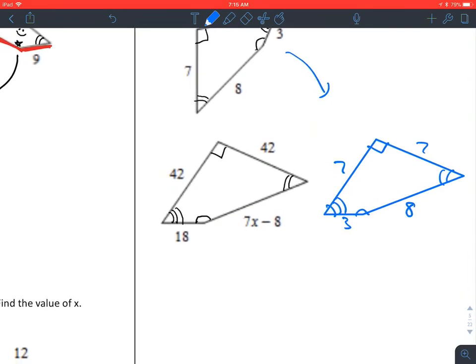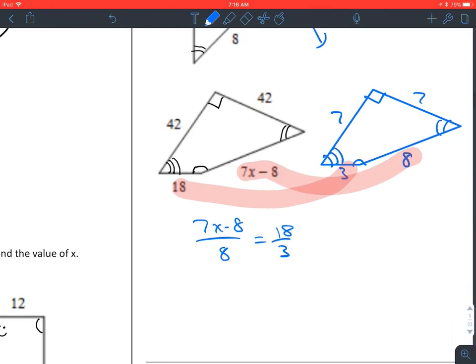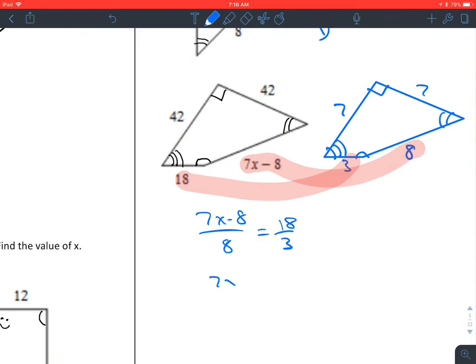The directions said they were similar. Let's pair 2 corresponding parts. 7x minus 8 is to 8, as 18 is to 3. Well, 18 over 3 reduces to 6.